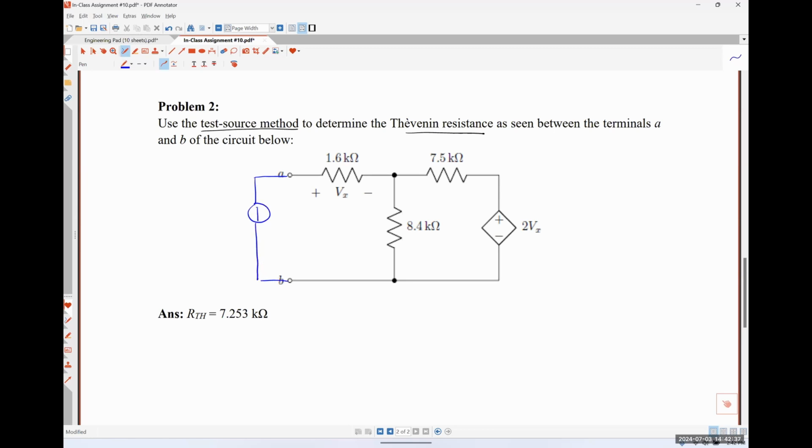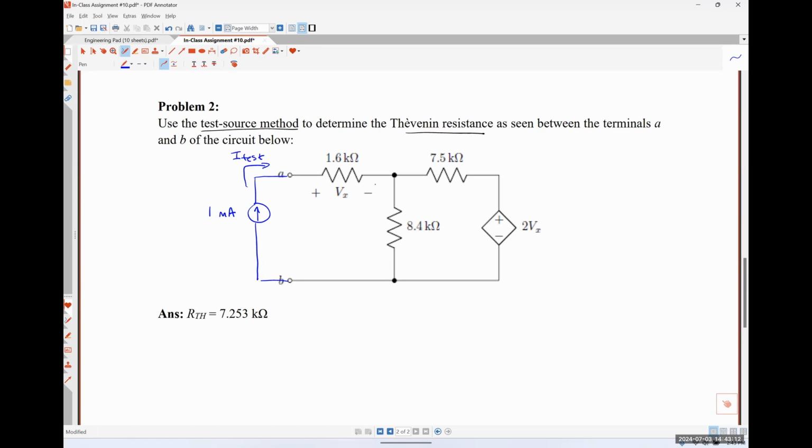So I'm going to choose direction up, and because my resistor values are on the kilo ohm scale, I'm going to choose 1 milliamp as my test source, just so that my voltages aren't in kilovolts. So let me explain my reasoning for choosing a test current source here. Now, there is a fixed amount of current, 1 milliamp, flowing in, and it's flowing through this 1.6 kilo ohm resistor.